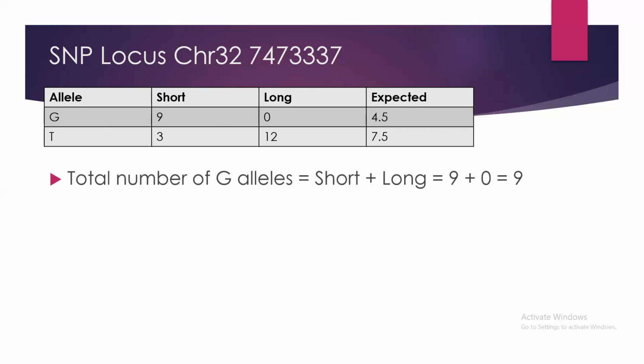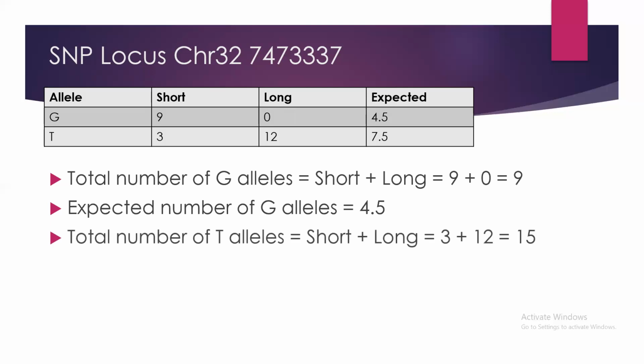I'm going to show where that number came from. So if we have our total number of G alleles, that is short plus long, 9 plus 0 would equal 9. If the null hypothesis were true, we would have 9 divided by 2, and we could assume that the G's were equally spaced among the 2 versions of hair length, in this case short and long, and it would have been 4.5 on each of them.